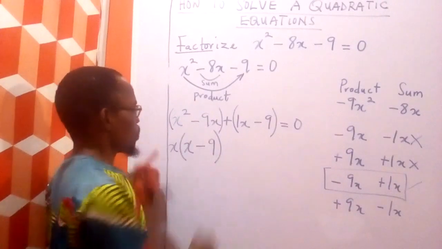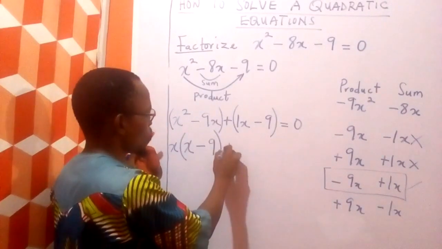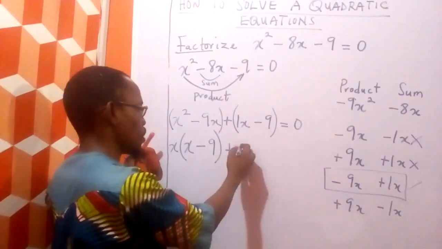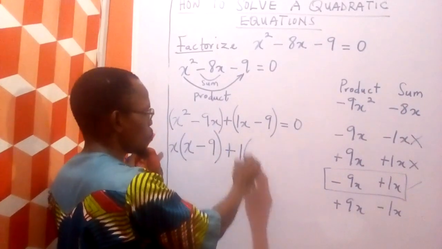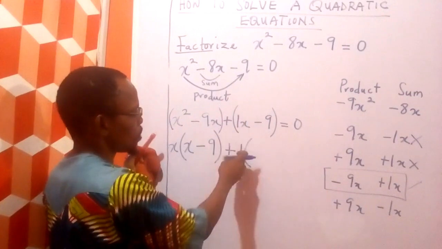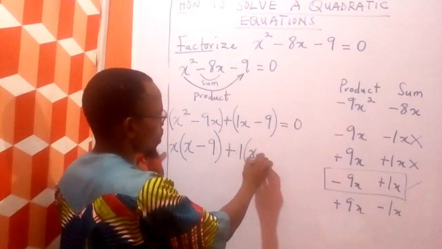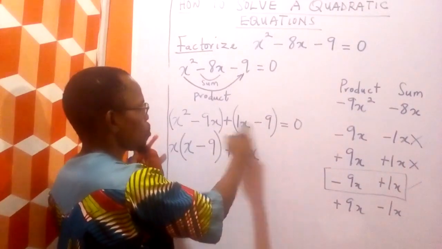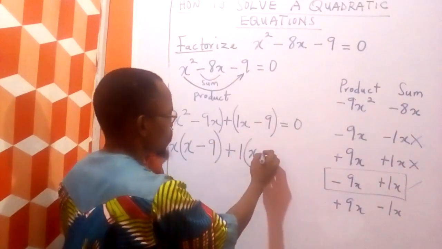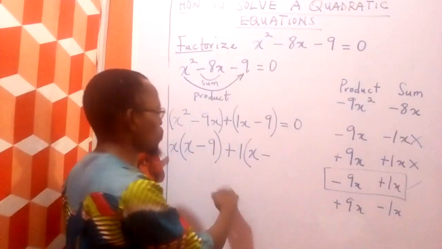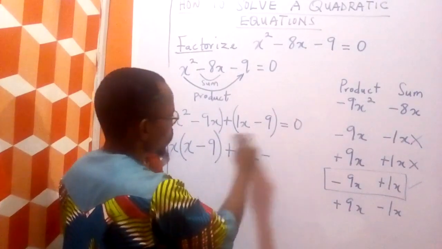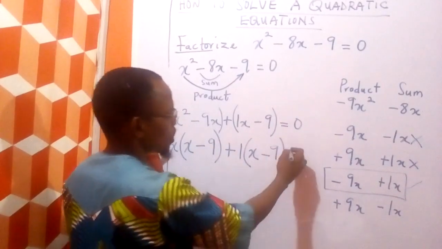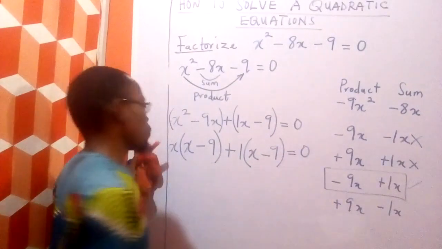So we are through with the first bracket. What next is plus. What's common here? 1 is common. Open the bracket. If you divide 1 with this, you are left with x. Here plus times minus will give us minus, so dividing this gives us 9. Close the bracket, equal to 0.